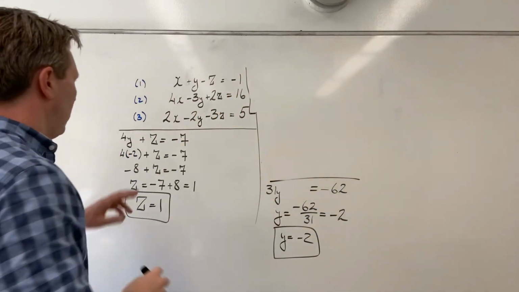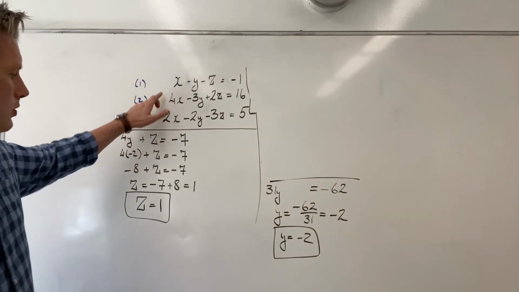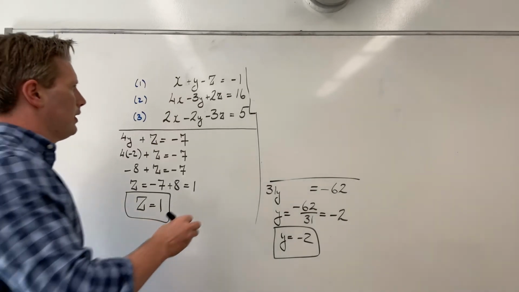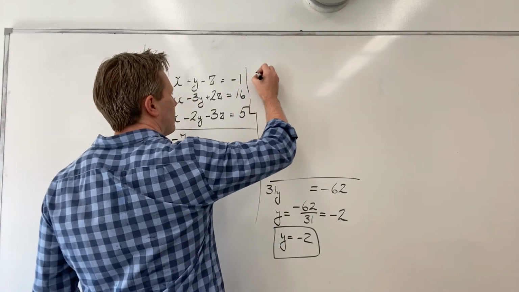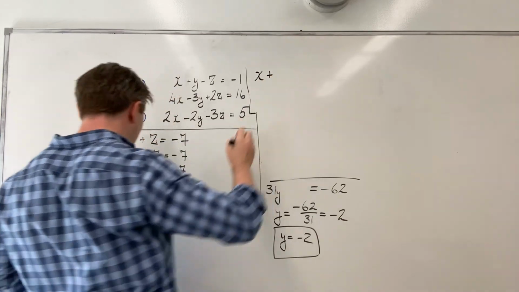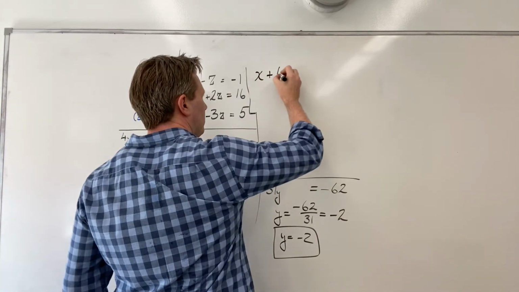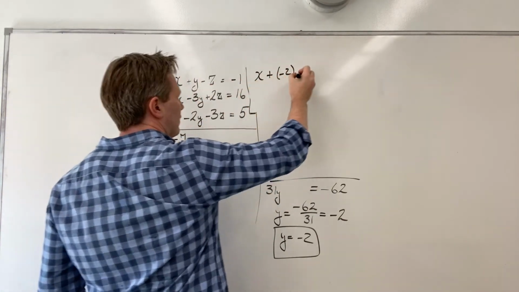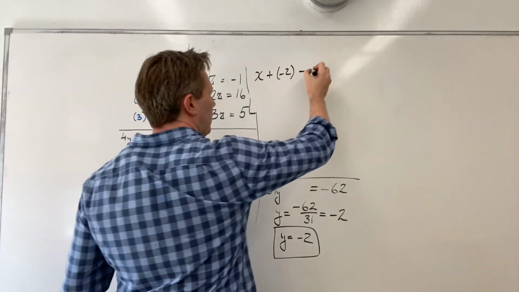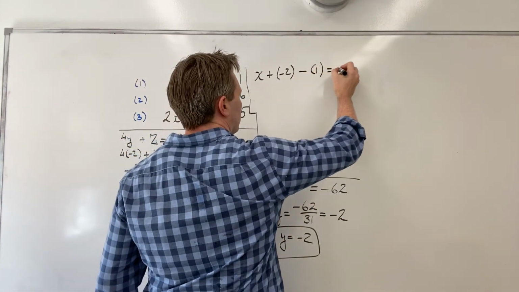And so I'm going to take equation number 1 and I'm going to substitute in my values of y and z. That gives me x plus, my y value is minus 2, minus, my z value is 1, is equal to minus 1.